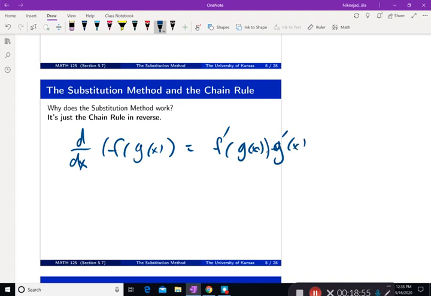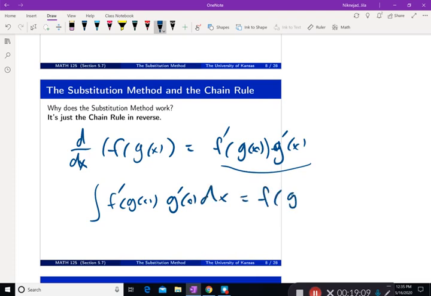And so when I'm taking the antiderivative of that side, I should be ending up with the other side. And we know that every general antiderivative always contains that c over here.